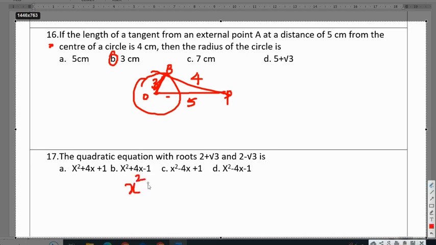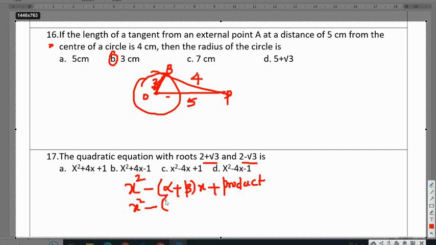17th question, the quadratic equation with roots 2 plus root 3 and 2 minus root 3 is. So we know the formula, x square minus sum of the zeros into x plus product of zeros is the quadratic polynomial. So alpha is 2 plus root 3, beta is 2 minus root 3. So x square minus sum of roots into x plus product of roots.